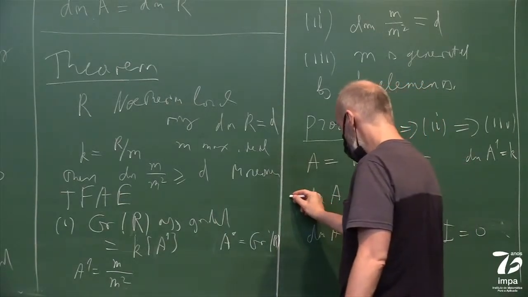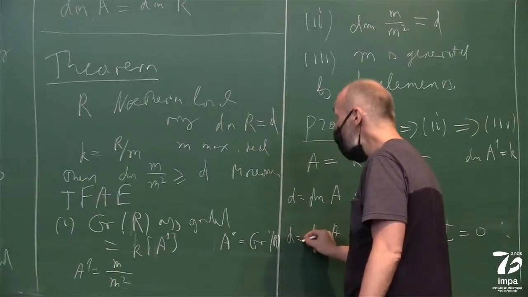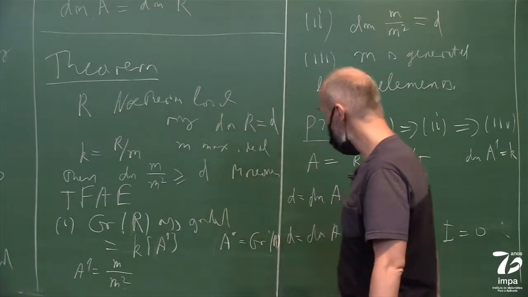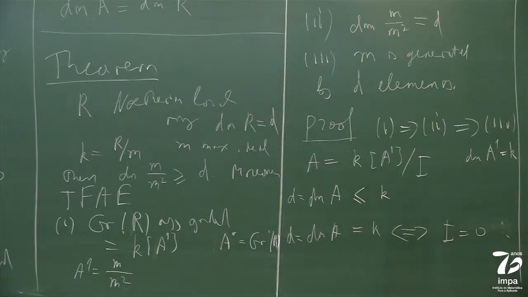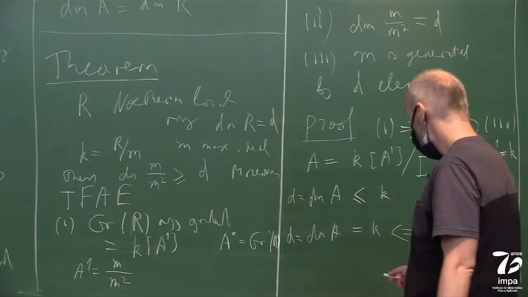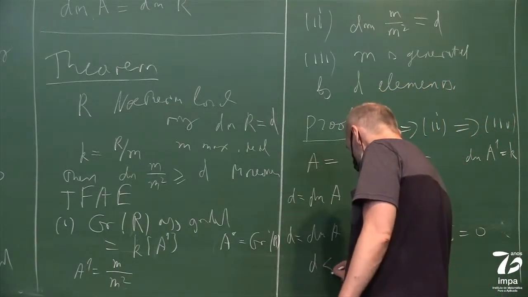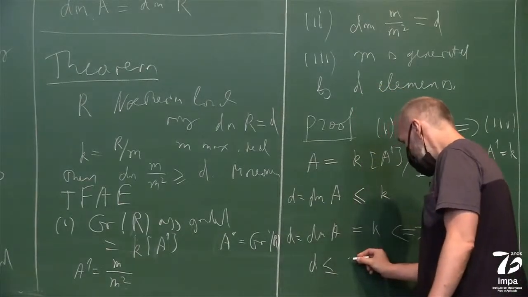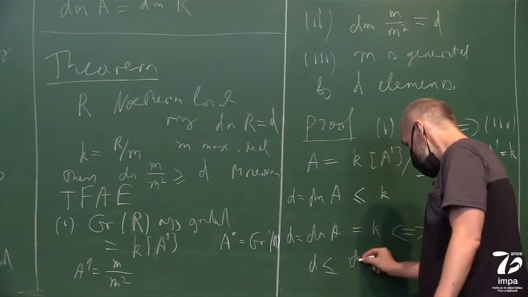But then this is D by this observation. And this, we just proved that D is smaller or equal than the dimension of A1.